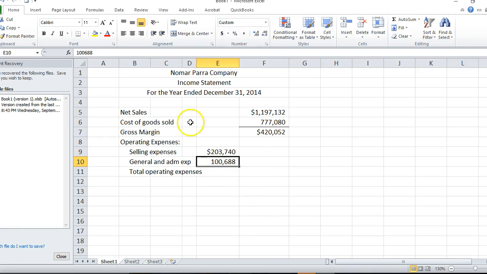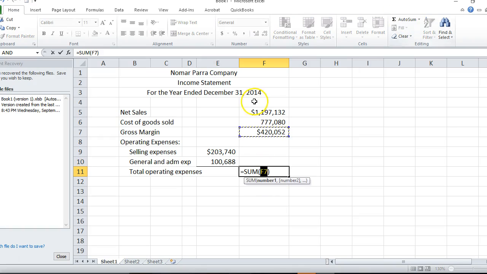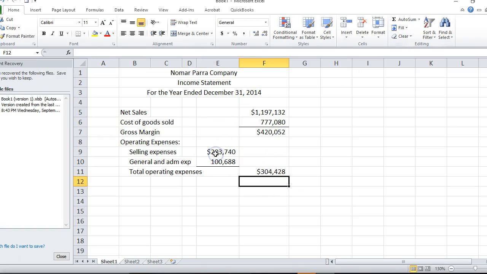And that total is going to be the sum of 304,428.